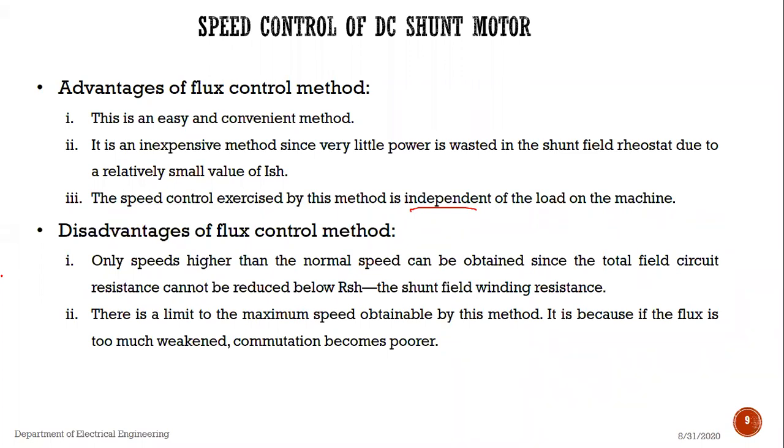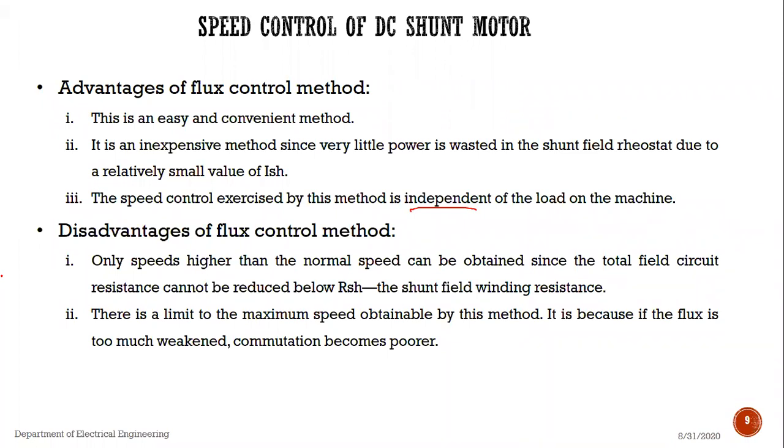Okay, means there is a certain manufacturing resistance value of the shunt winding, and we cannot reduce it below the RSH. So this is one kind of disadvantage where a high speed of the motor beyond the normal speed can be achieved. Again, there is one disadvantage or limitation which limits the maximum speed obtainable by this method.